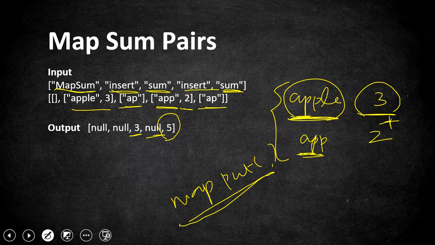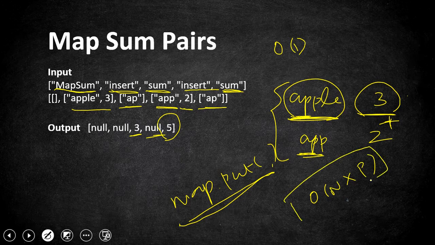This is the brute force approach, where insert takes only constant time, but getting the sum of the words with the prefix takes O(n times p) time complexity, where n is the number of entries in the hash map, as we have to iterate over all the entries, and p is the number of words with a matching prefix.